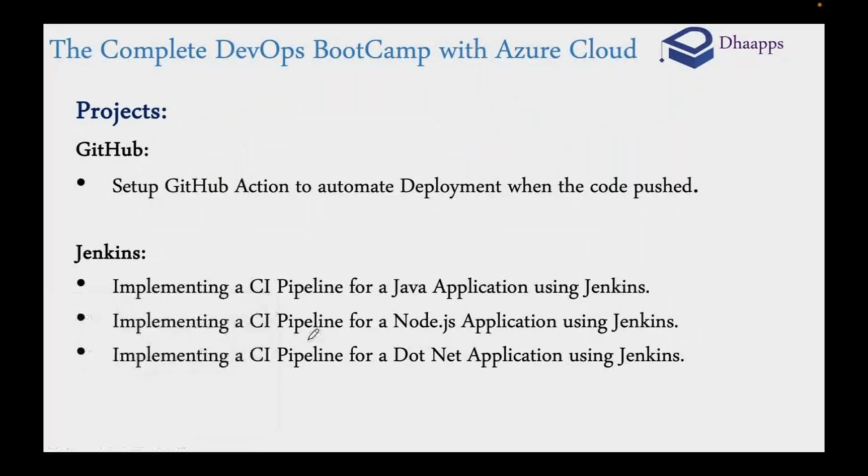So coming to the projects, we have a total of 20 plus projects. In each step we have different skills. In every step we are going to do one project.